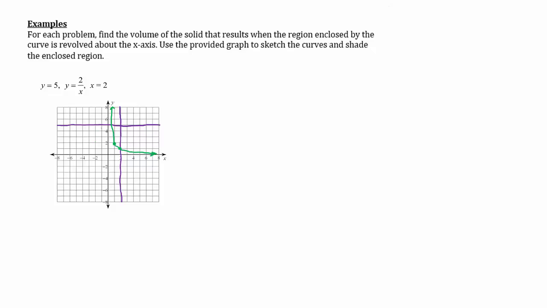So what we want to do is think of the region between y equals 5 and y equals 2 over x. So y equals 2 over x is this line up here, and then my green line is y equals 5. Between those is this inside part right here.